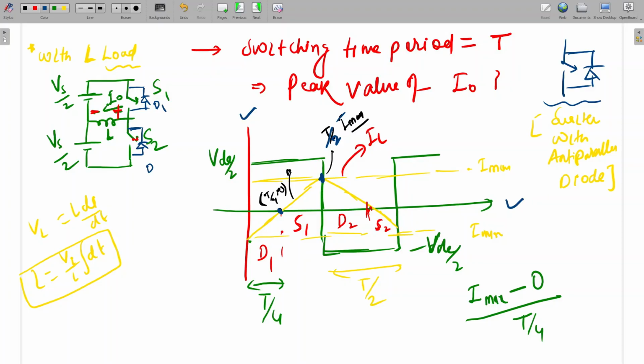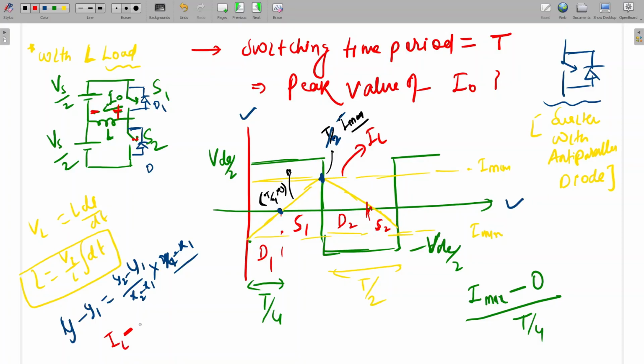Yes, sir. Okay. So see, what is the equation? y minus y1 is equal to (y2 minus y1) divided by (x2 minus x1), into (x minus x1). This is the equation of the straight line. So the same thing I am going to write for this one. y means IL.